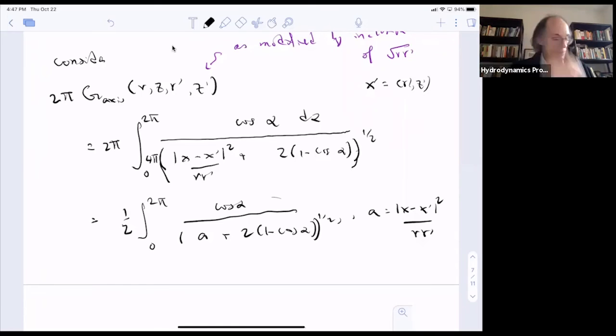Okay, and then I can get rid of this 1/2 and get rid of this 2 because it's doing the same thing in the interval from 0 to pi and pi to 2 pi.